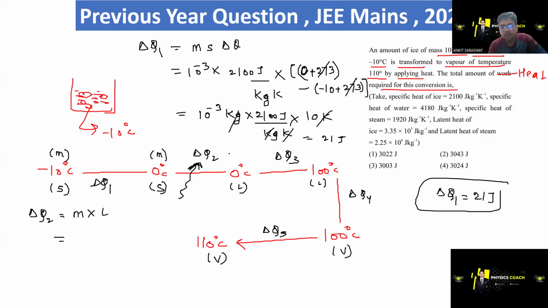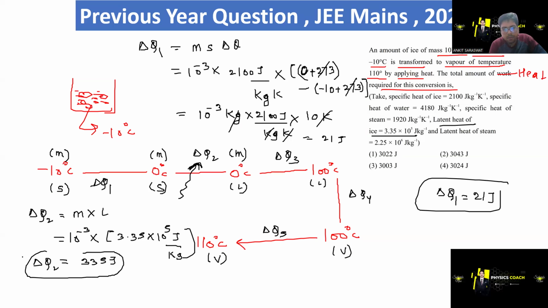The entire solid is going to convert into liquid, so mass will be 10 to the power minus 3 into latent heat of ice, which is given as 3.35 into 10 to the power 5 joule per kg. Please solve, you will get 335 joule. Understood?